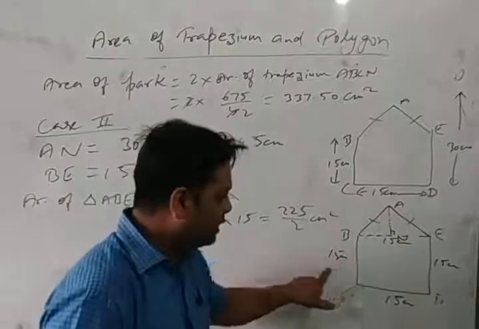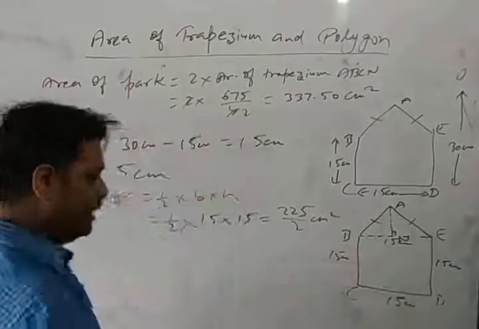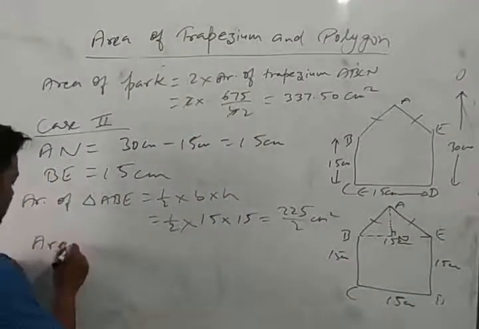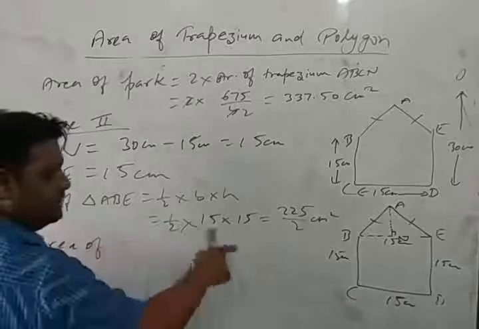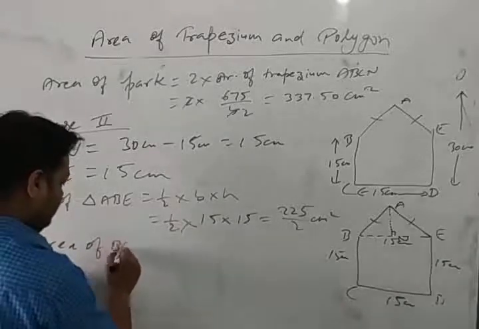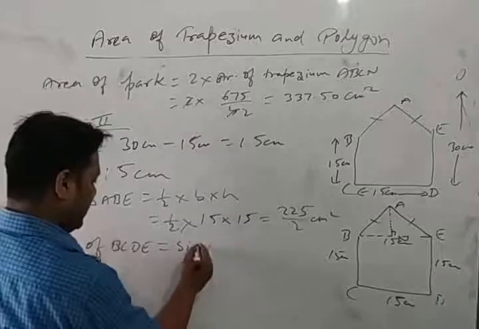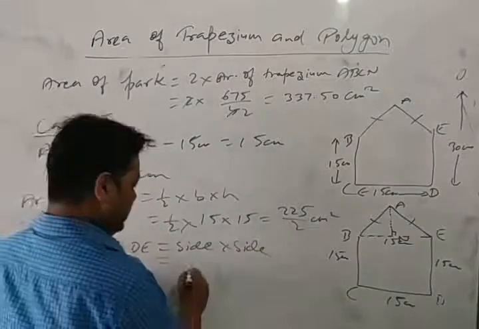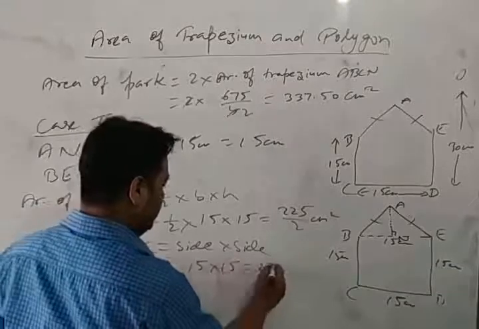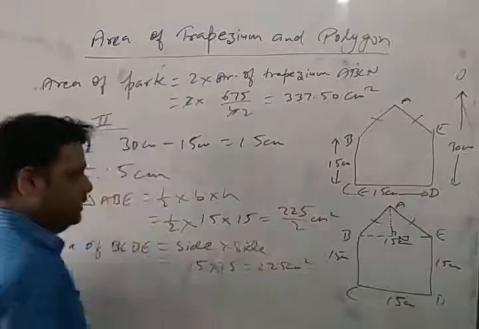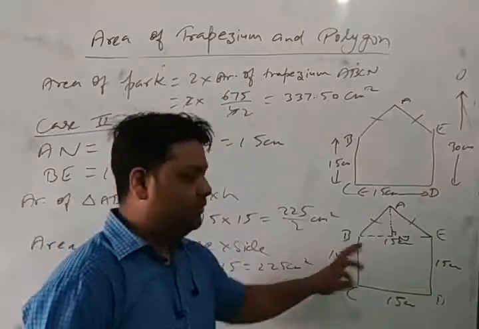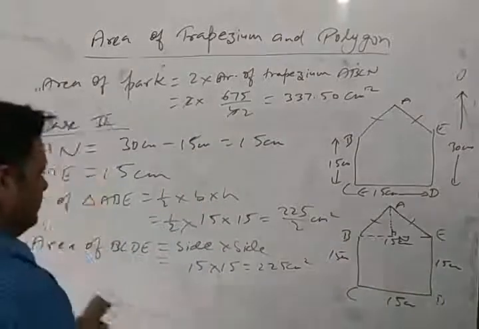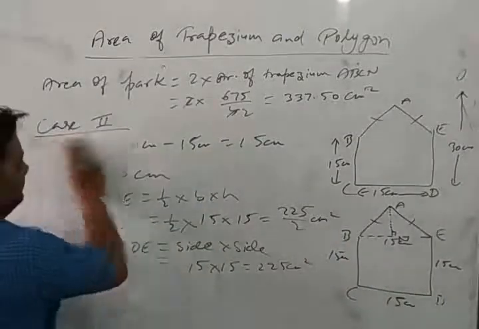Now it is looking like a square. All sides are equal, so we can use the formula of area of square. Area of BCDE is equal to side into side, means 15 into 15, 225 centimeter square. Now if you add these two figures, you will get the area of the part.